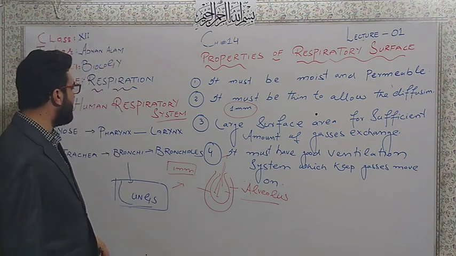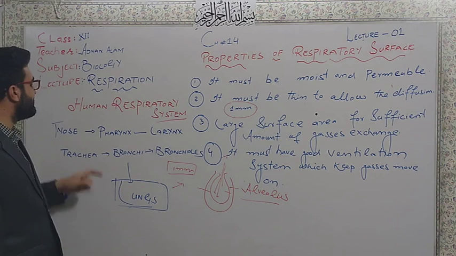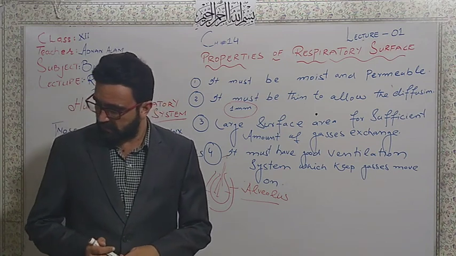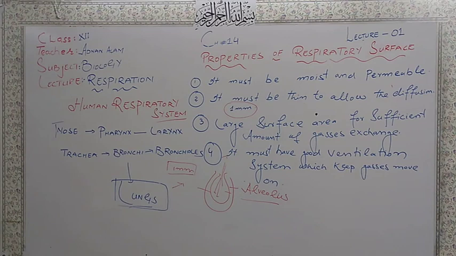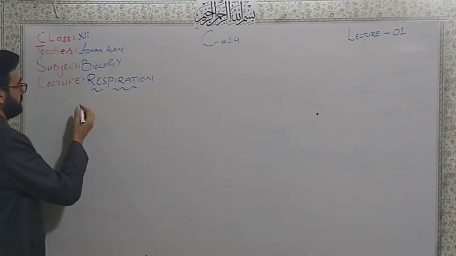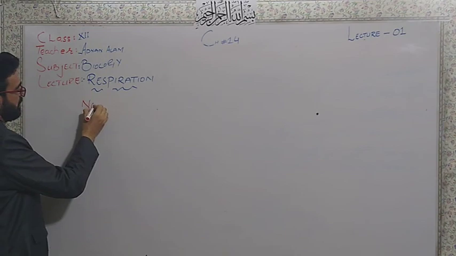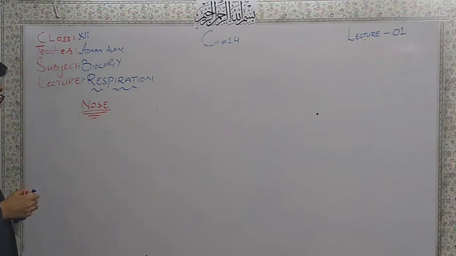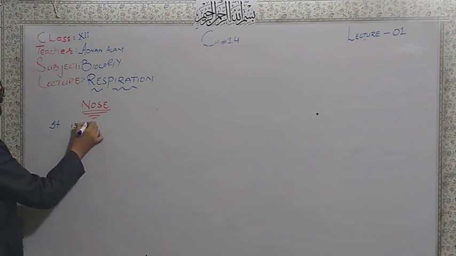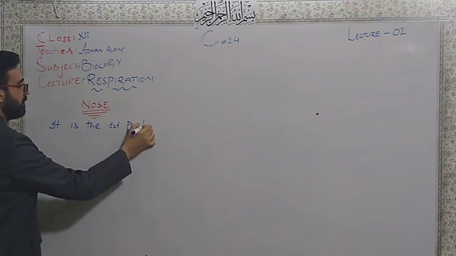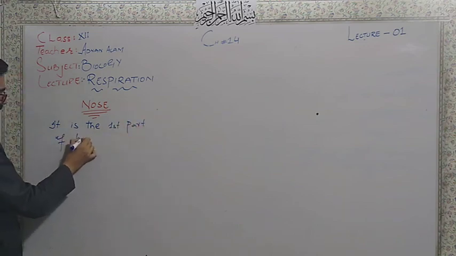Now moving ahead, let's start the human respiratory system. In the human respiratory system, first we will explain the nose. So let's start with the nose. Nose is the first part of the human respiratory system.